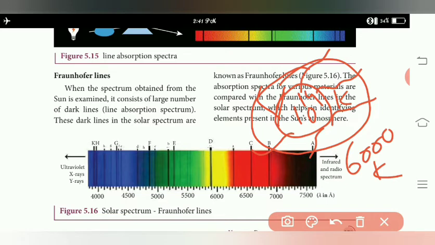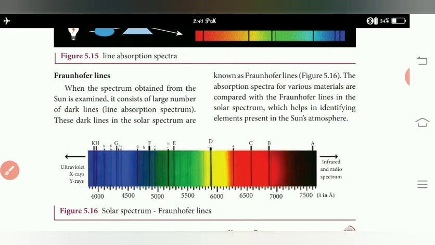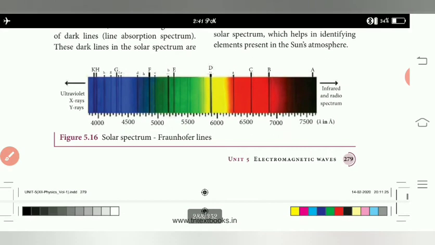When the spectrum obtained from the sun is examined, it consists of a large number of dark lines. The dark lines of the solar spectrum are known as Fraunhofer lines. The absorption spectra of various materials are compared with the Fraunhofer lines in the solar spectrum to identify the elements present in the sun's atmosphere. Why is it happening like that?